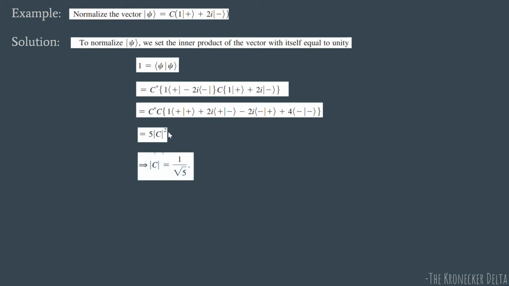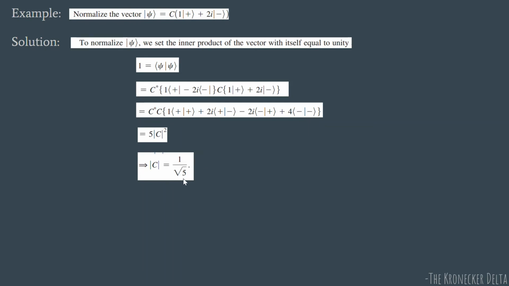Now, what does this give us? Mod of C is equal to 1 upon root 5. Here it was actually the norm of C squared that we got as 1 by 5, so we could have got plus or minus here, and we could even get it as complex since C is complex. But if we are given just one constant, the easiest option is to keep it real and positive.